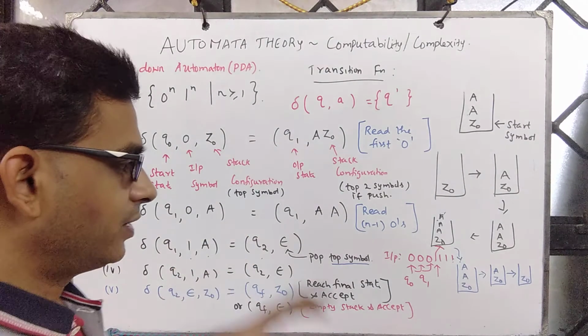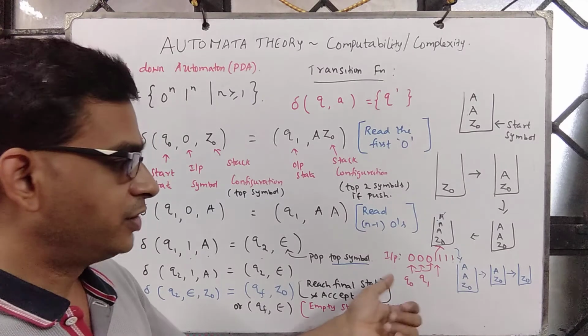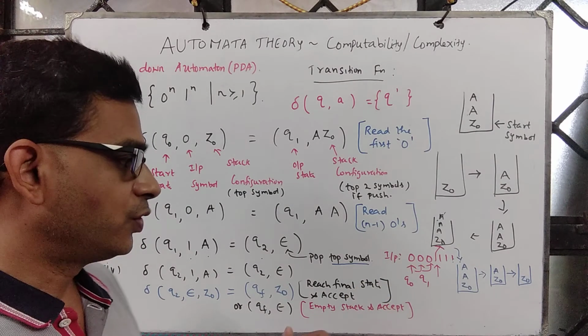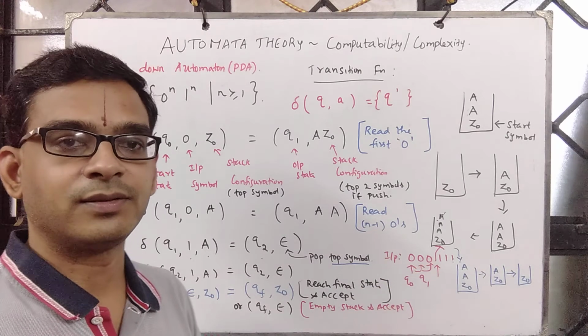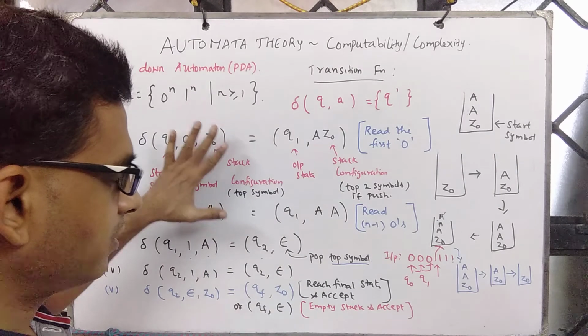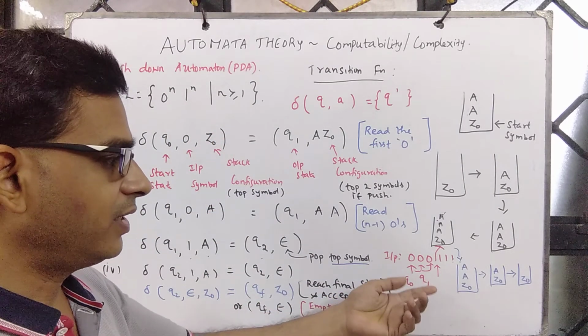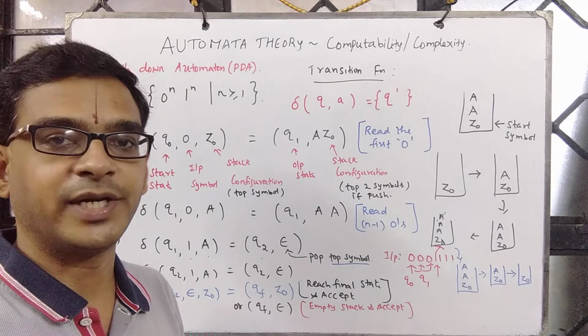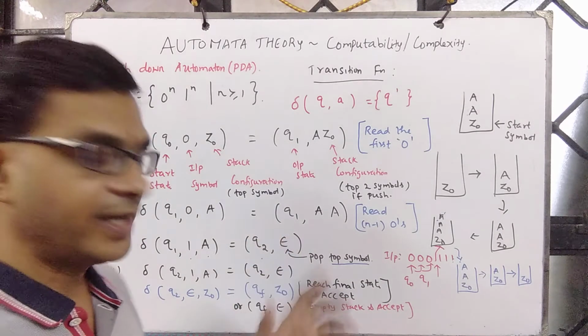But there may be inputs like 1011, 0101. So those inputs have to be rejected because input can come from sigma star. And so this only captures the valid inputs, and there are other inputs which are invalid. They have to be rejected by the automaton. With that it becomes a function. So let's write that as well.